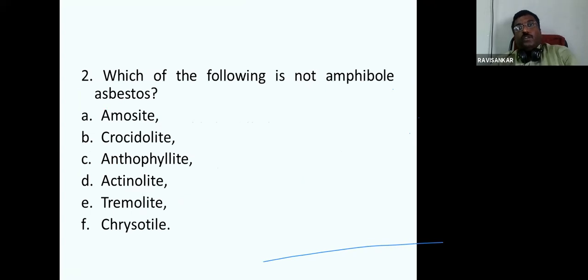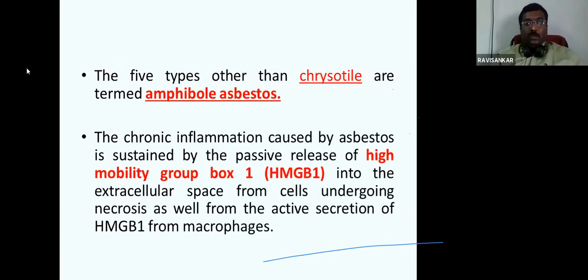Which of the following is not amphibole asbestos? The 5 types other than the chrysotile are termed as amphibole asbestos.